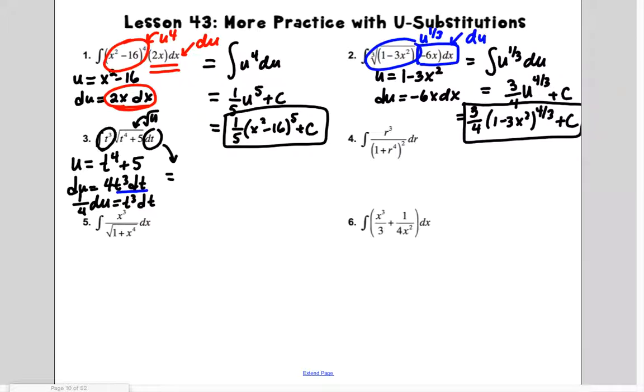Like on number 2, since the du was -6x, you don't have to divide, because that -6 was already there. You can if you want to, but then you'd pull that -6 out front and it would cancel. So I have 1/4 the integral of the square root of u du.